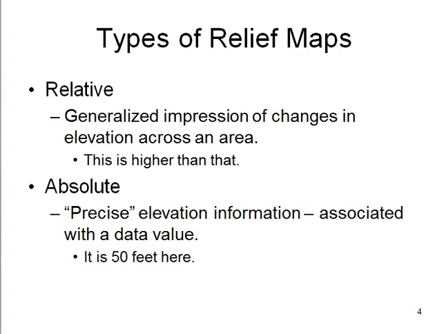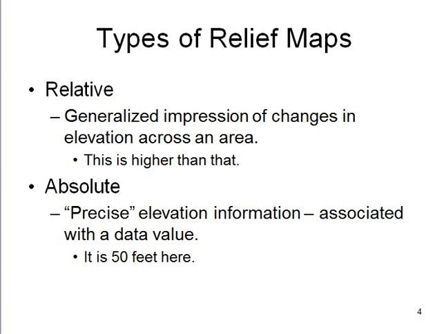We can divide relief into two relative categories, or the expression of relief on maps into two different categories. One would be relative relief, and the other would be absolute relief. And these kind of correlate with relative location and absolute location. So relative relief gives you a general impression of the area.